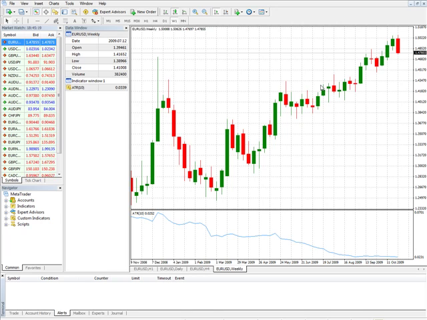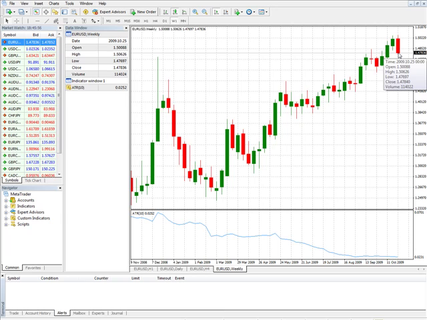And the true range is described as the greatest of one of the three of the following: the difference between the current high and the current low, and that's commonly called simply the range. The difference between the current high and the previous close, or the difference between the current low and the previous close. Whichever one of those is greatest is the value that we'll get.